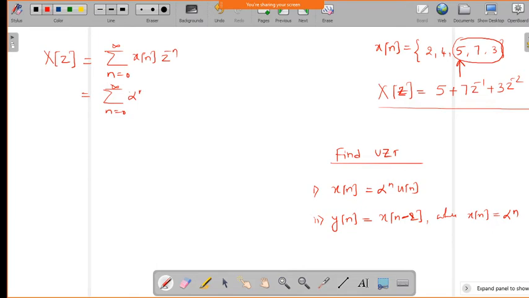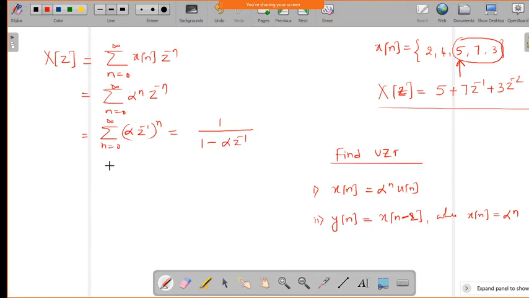So you will get alpha power n into z power minus n, which we can write as alpha into z power minus 1, whole power n.